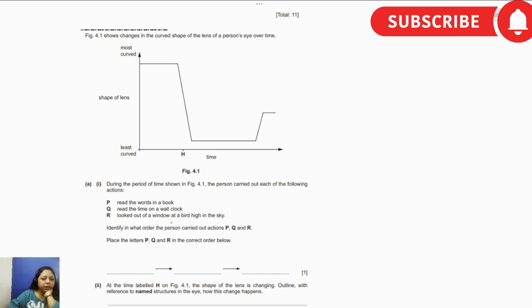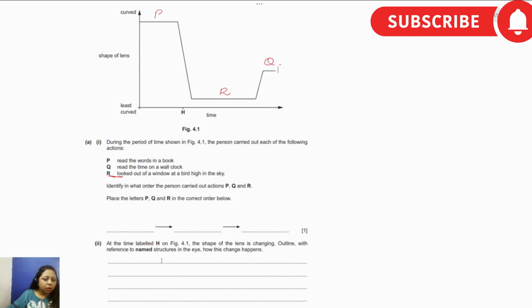Which one is very far? R? The least curved, exactly. This one would be R. It's closer, yes, would be Q. Good.